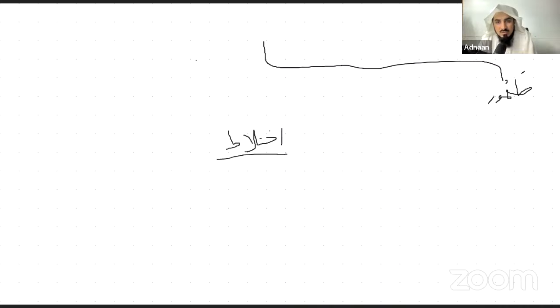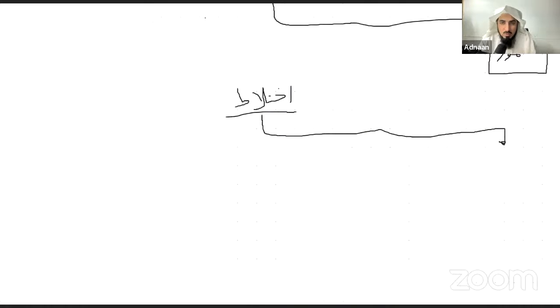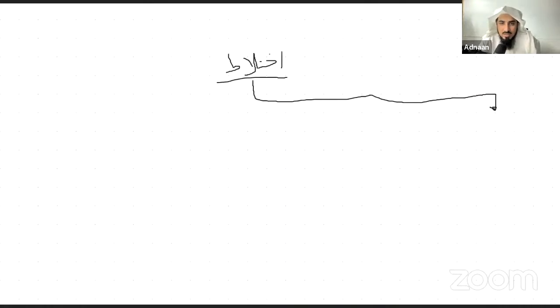So notice how we're talking about tahur first. What can fall into it? Either more of it, so more water, and they don't usually mention this because it's just logic.